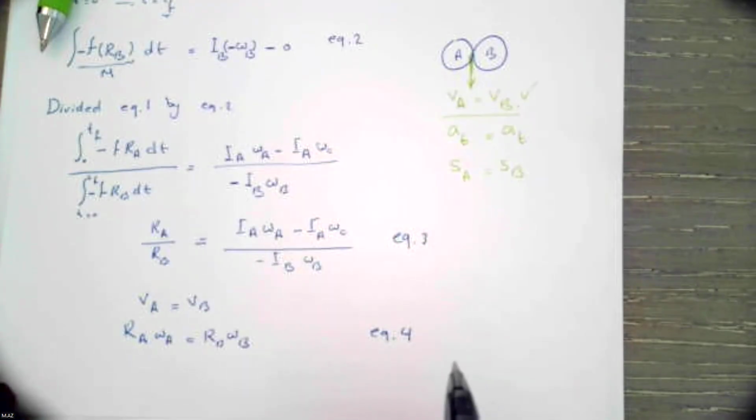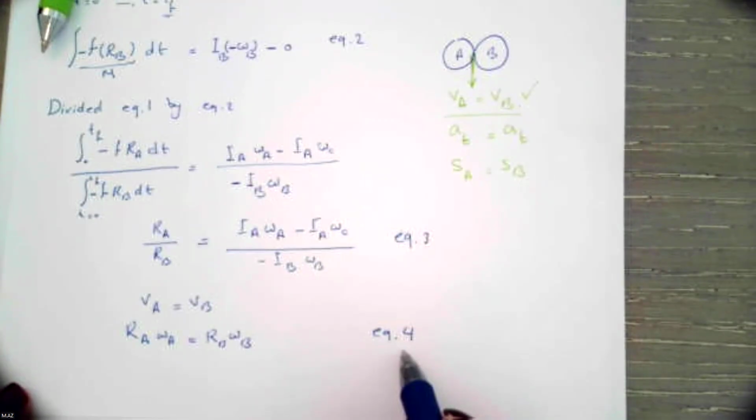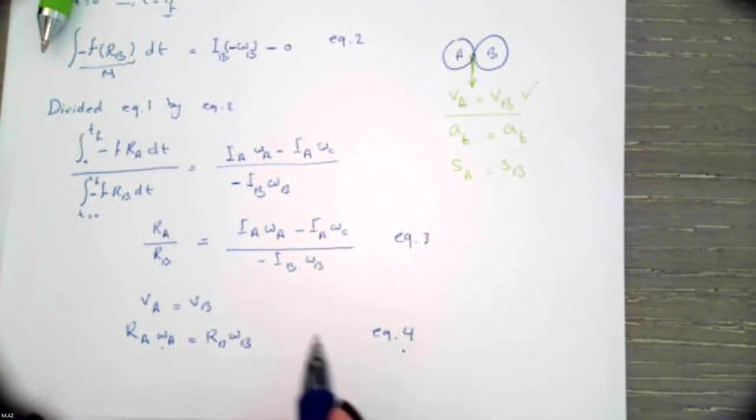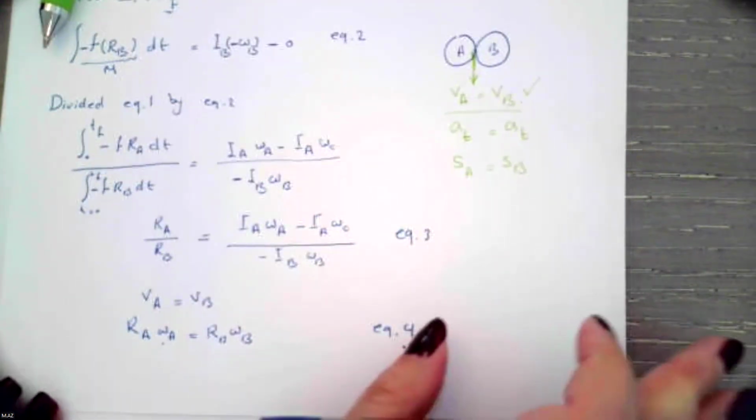Now we can solve equation 3 and equation 4 and find the values of omega A and omega B, because we have two equations with two unknowns.